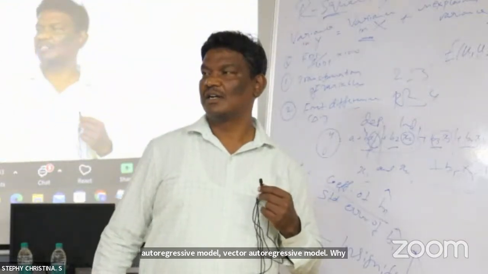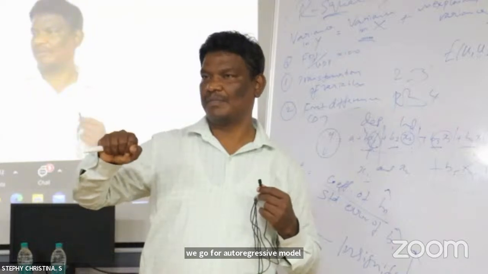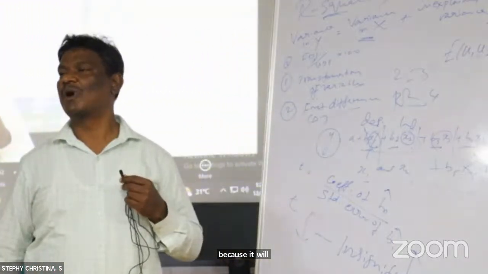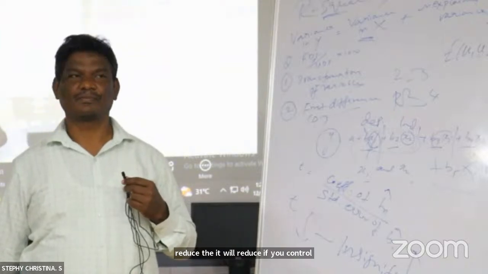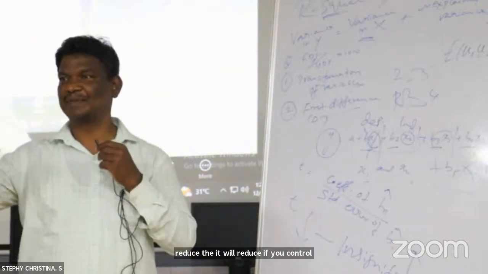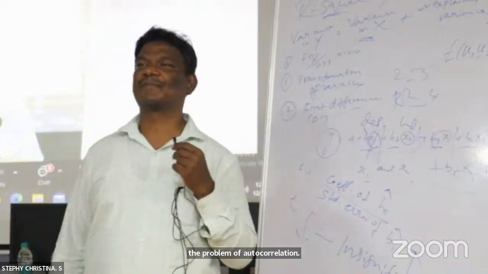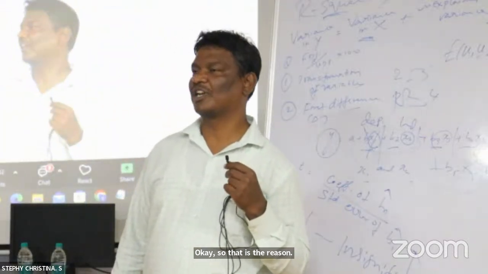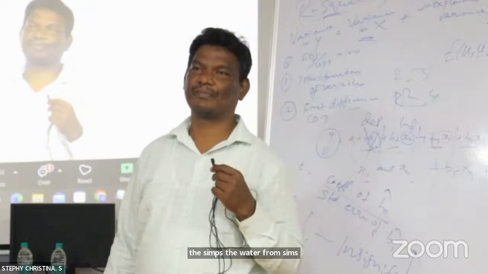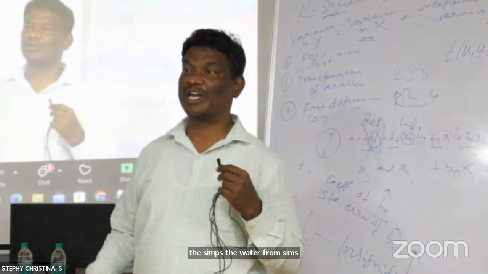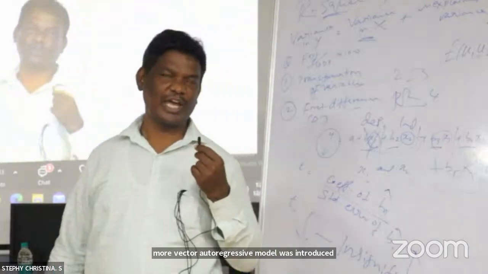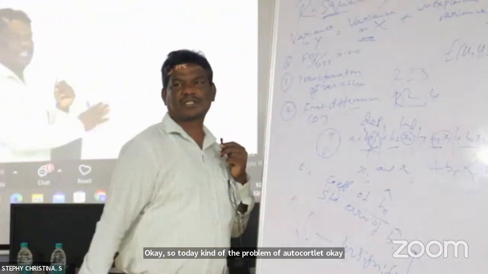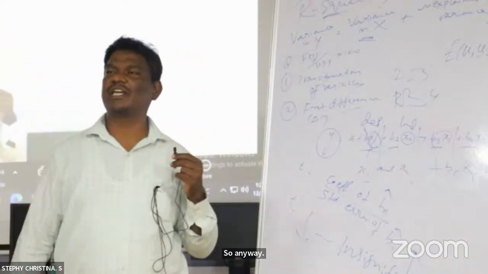Because it will control the problem of autocorrelation. That is the reason the VAR from Sims, the vector autoregressive model, was introduced, to take care of the problem of autocorrelation. Anyway, with this, I'll go to the ARIMA model.